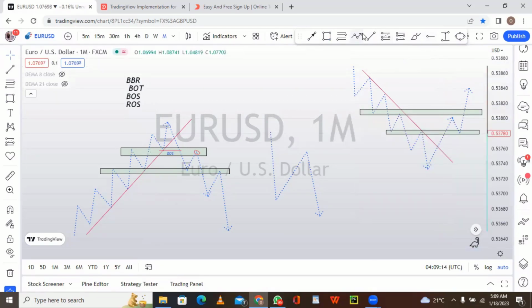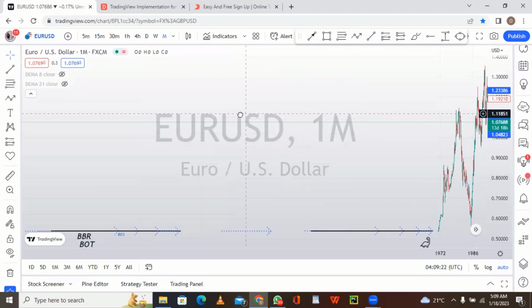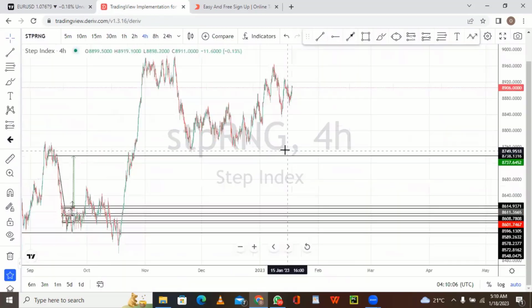So you can wait for a retest to this particular level and take the market all the way up. So this is just the simple explanation of how the BBR strategy works. So I'm going to take you through the chart and show you a practical example of how this strategy can be applied.